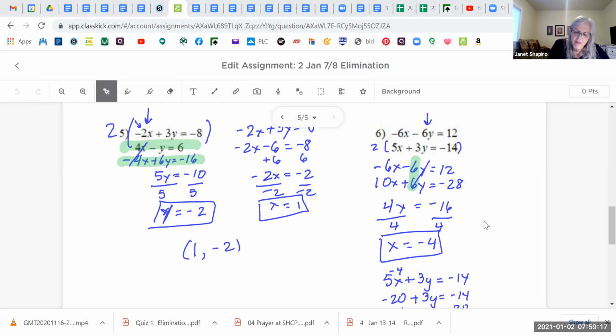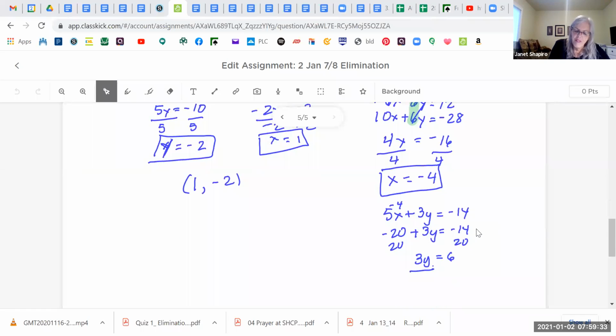I'm looking to see if I made a mistake here. X is -4, -20, add 20. No, I'm good. 3y equals 6. Divide by 3, and y equals 2. So my ordered pair here is -4, 2. Again, if I graph those two lines, that's where they would intersect.